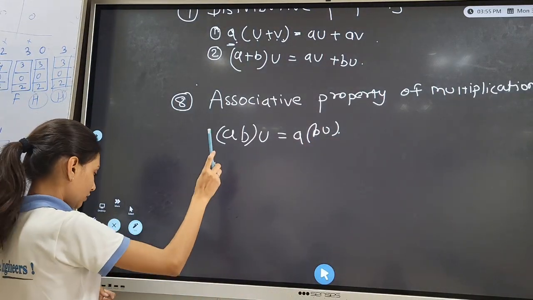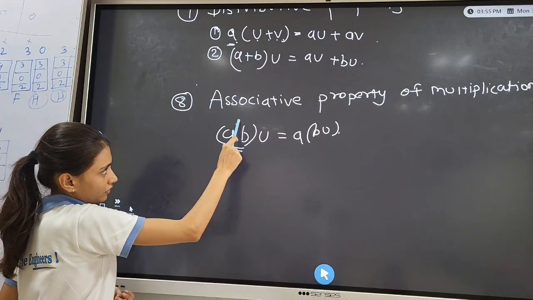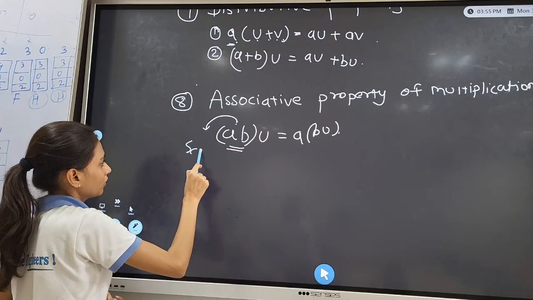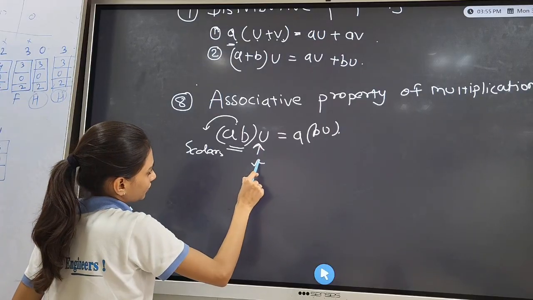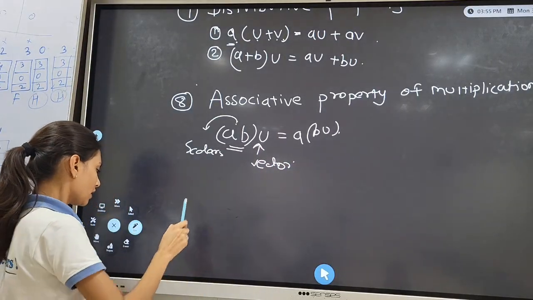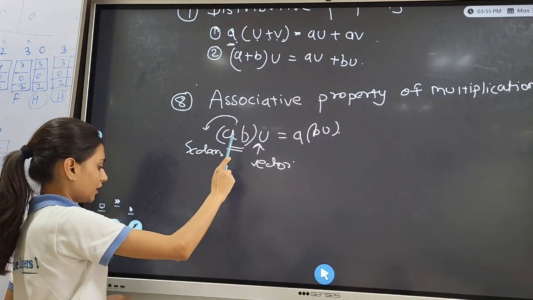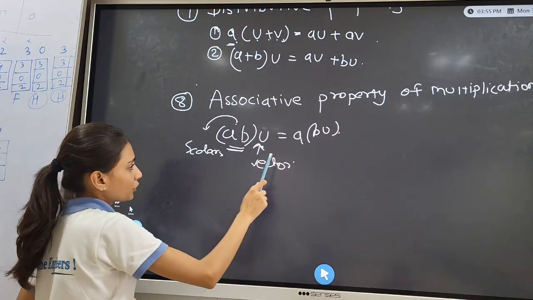When you multiply two scalars, and then multiply by a vector, it doesn't matter how you group them.